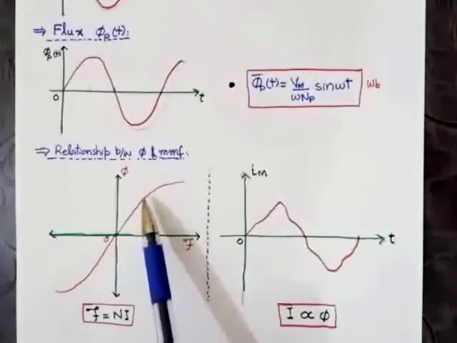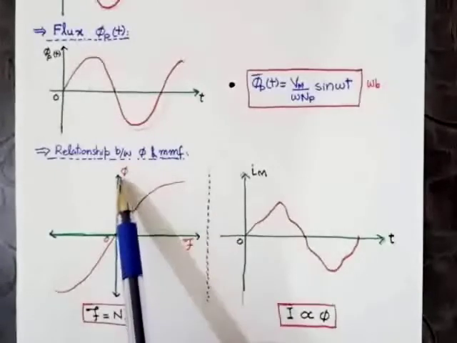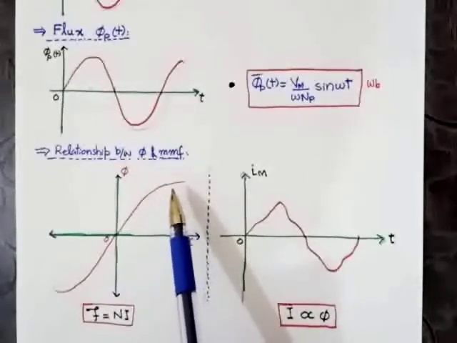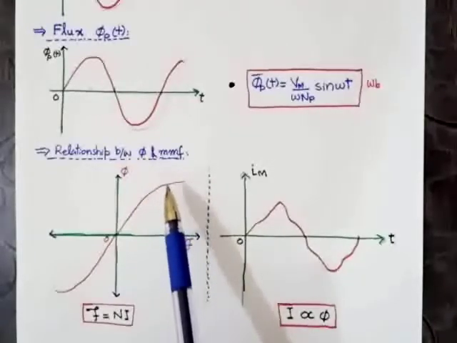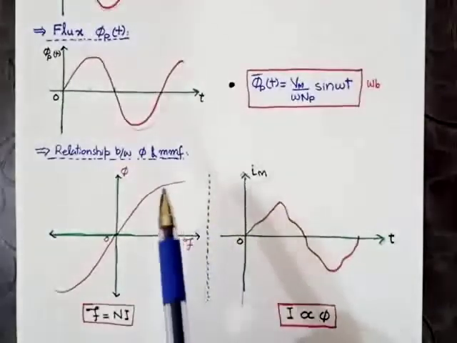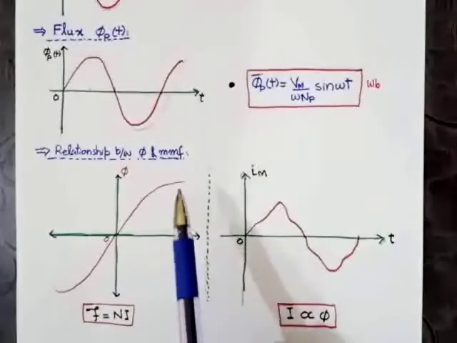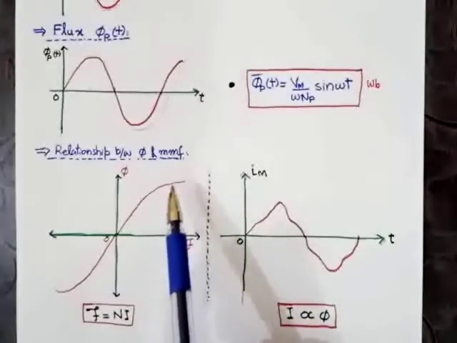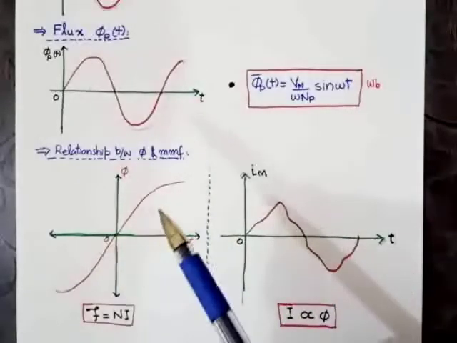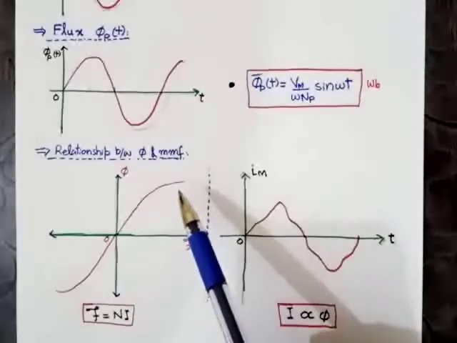After this, the relationship will be in the transition region, and finally the relationship between flux and magnetomotive force will be in the saturation region. When the magnetomotive force increases, then after some time when the core is in the saturated region, there will be no change in the flux.